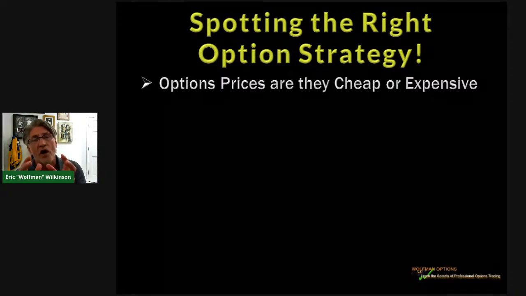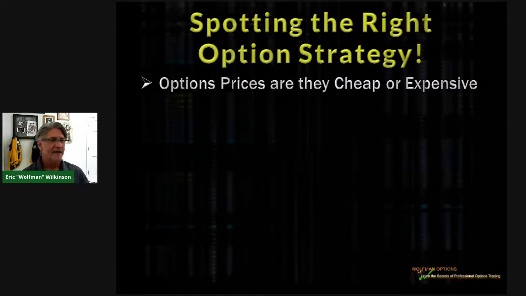Now, there are certain option strategies where we can really isolate some of the negative components, like theta. Remember, we talked about the thief in the night if you watched any of these other videos, and I'll talk about that a little bit more as we go along here. But ultimately, what we're trying to do when figuring out if options are cheap or expensive is determine whether they're going to get cheaper or more expensive, okay?